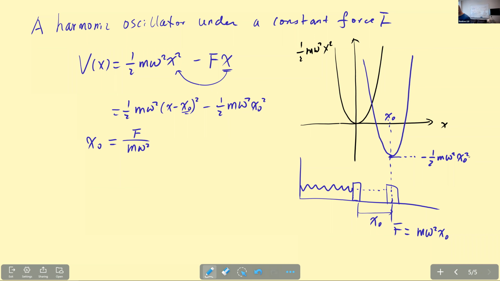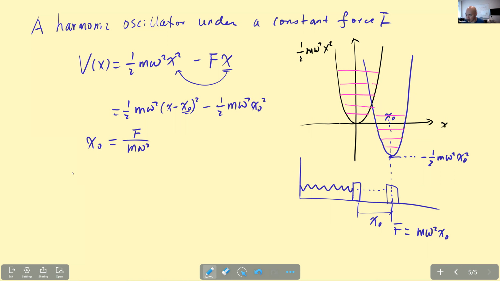And then, if you have the energy states of this one obtained, automatically you have the same energy levels with the same spacings, but all of them shifted by a constant, and the wave functions will not be changed except for displacement.